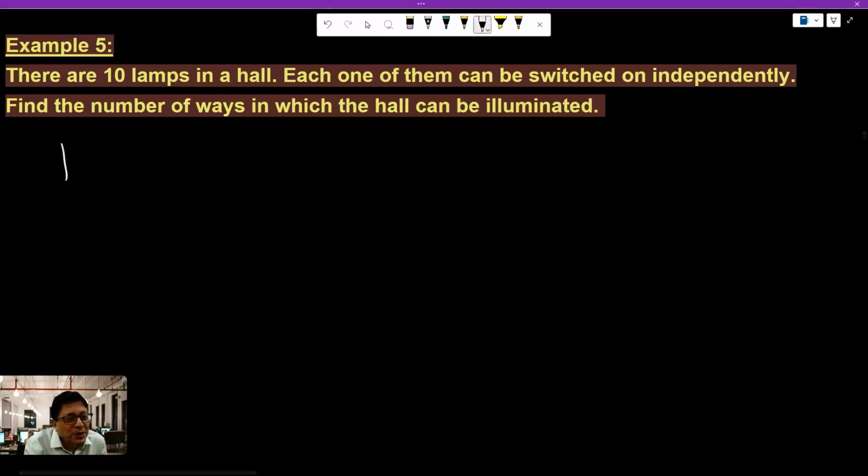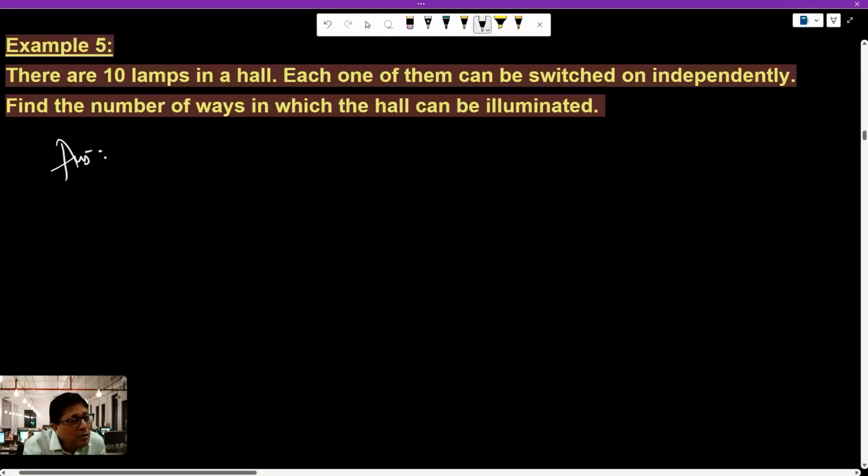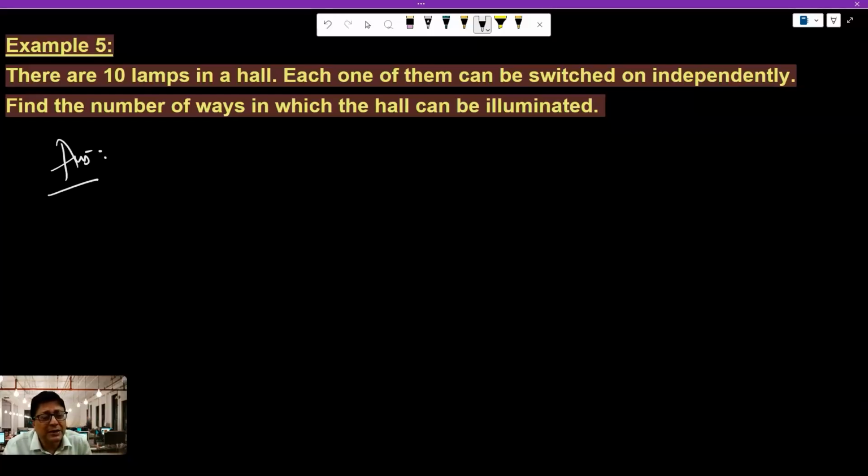So, how to find how many ways the hall can be illuminated? Again, one more thing you have to keep in your mind, that if two bulbs are on, then also the room is illuminated. 3 on, illuminated. 4, more. 5. It's fantastic. 6, 7. Gradually, the intensity of light goes on increasing. Room illuminated.